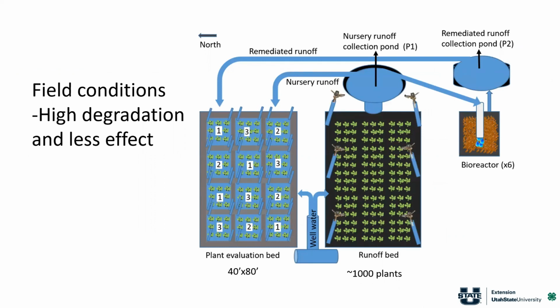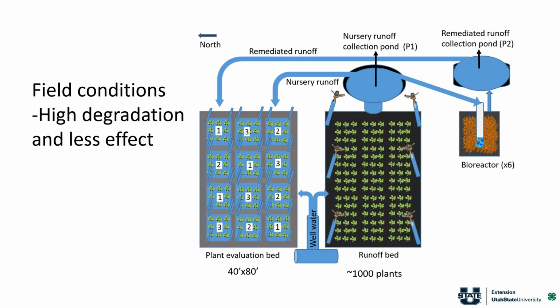This was research at Michigan State University that I was leading. We had these beds, and we collected runoff water, and we also had a bioreactor and retention pond, and then this evaluation bed here. In field conditions, because of sunlight, microbes, rainfall and all those things, the degradation of pesticides and agrochemicals is higher.